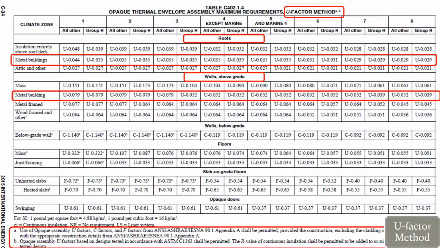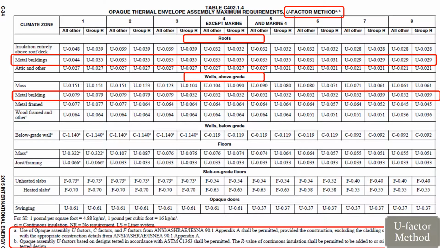And note A and B, note A points you to ASHRAE 90.1. The use of opaque assembly U factors from 90.1 shall be permitted, provided the construction, excluding the cladding system with the appropriate construction details, aligns with Appendix A. So we'll go back to the table A2.3.3 for the roof and A3.2.3 for the wall.